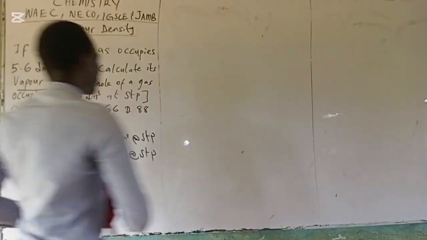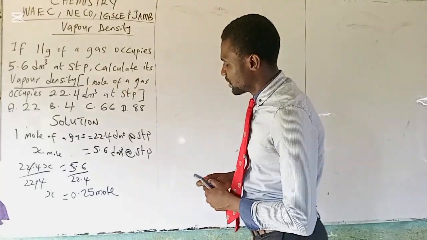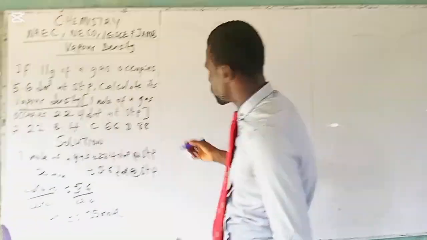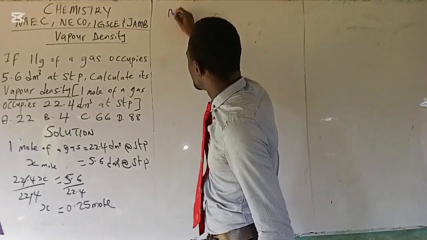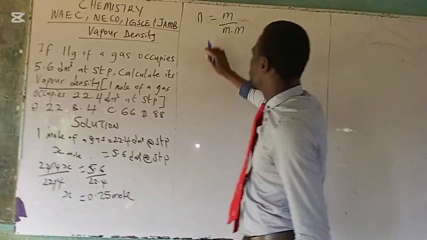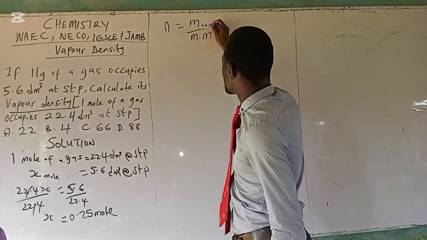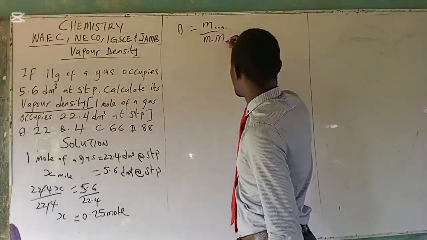Let's move to the other side of the board. Now we are using the mole here. There is a popular formula: n equals m over M. That is to say, amount in mole equals mass over molar mass. This is our mass, and this is the molar mass.